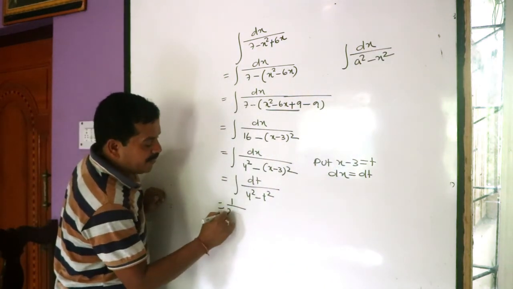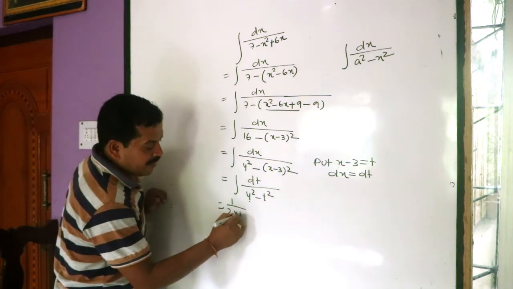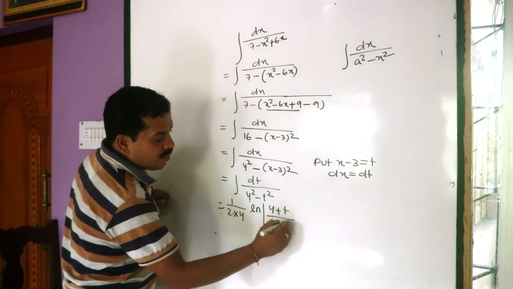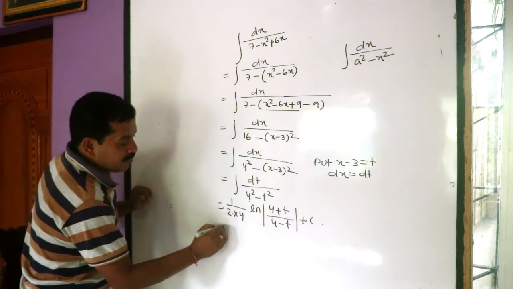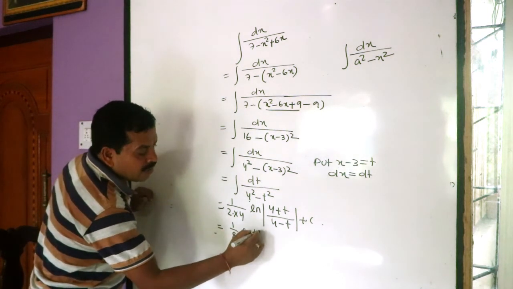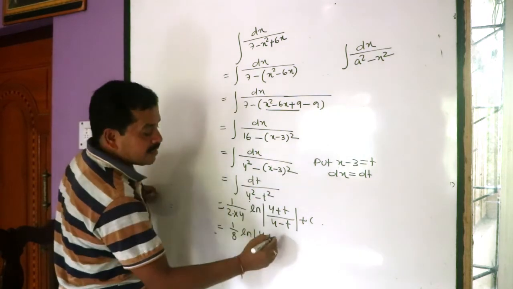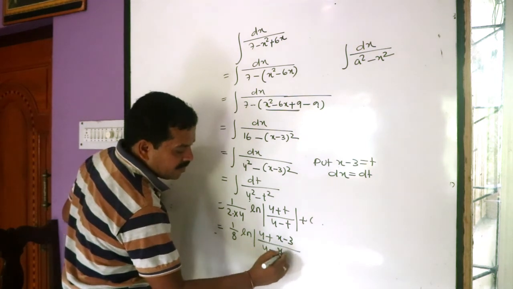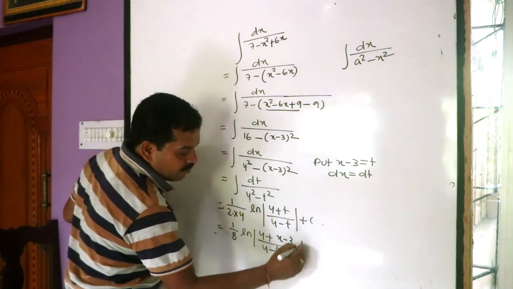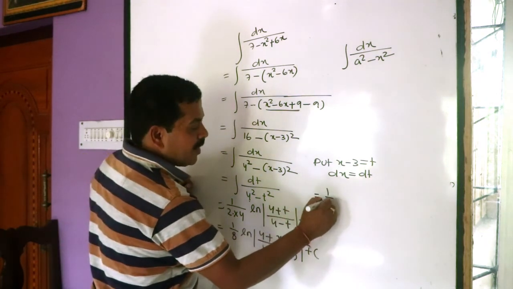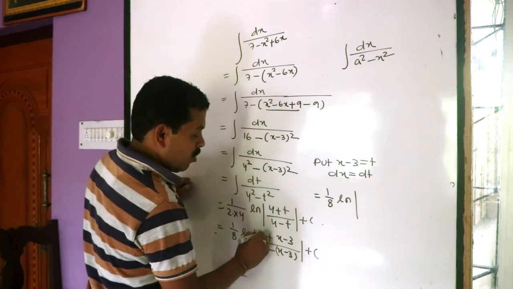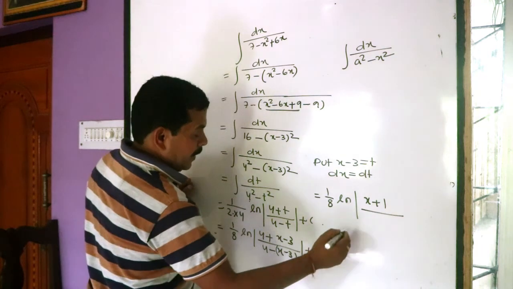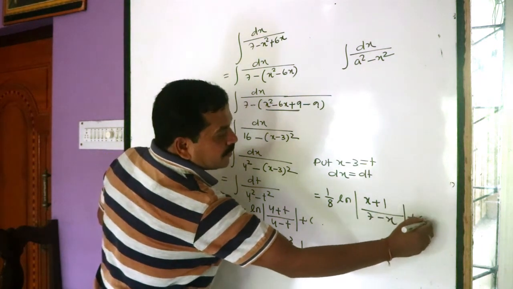Using this formula, 1 by 2a, where a means 4, 1 by 2 into 4 log |4 plus t by 4 minus t| plus c, which is equal to 1 by 8 log |4 plus t, t means x minus 3, by 4 minus (x minus 3)| plus c, which is equal to 1 by 8 log |4 minus 3 is 1, so numerator is x plus 1, by 7 minus x| plus c.